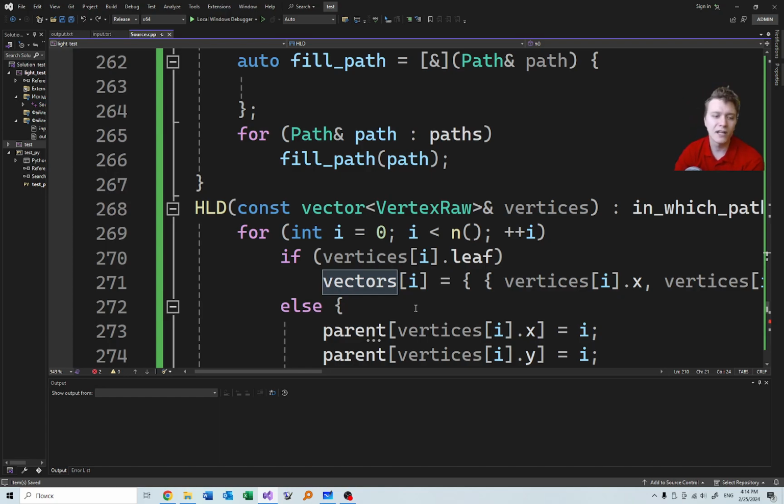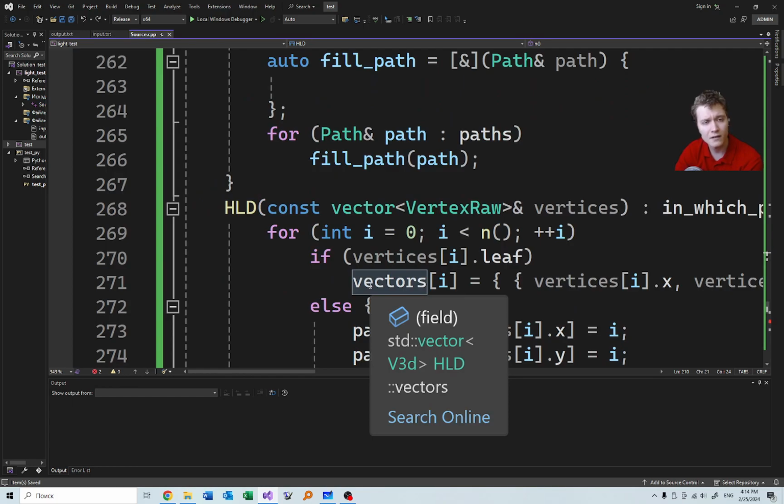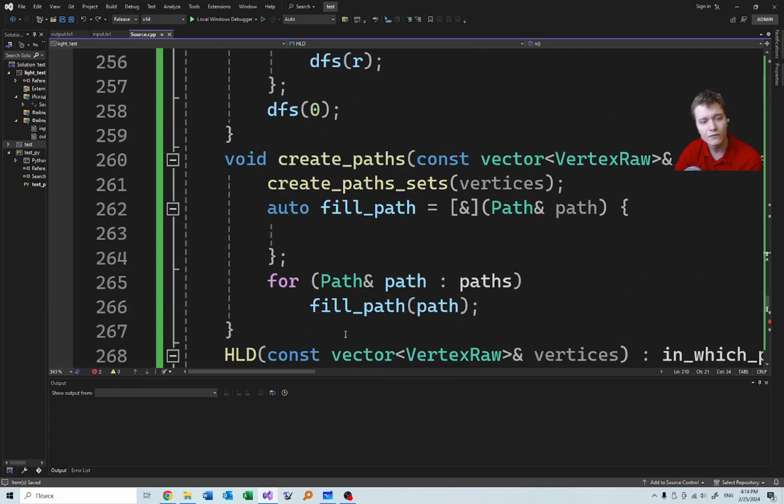I mean, we need to calculate it actually for all vertices, I think. We need to know it for every upper vertex, not only lower vertex. This is a problem.